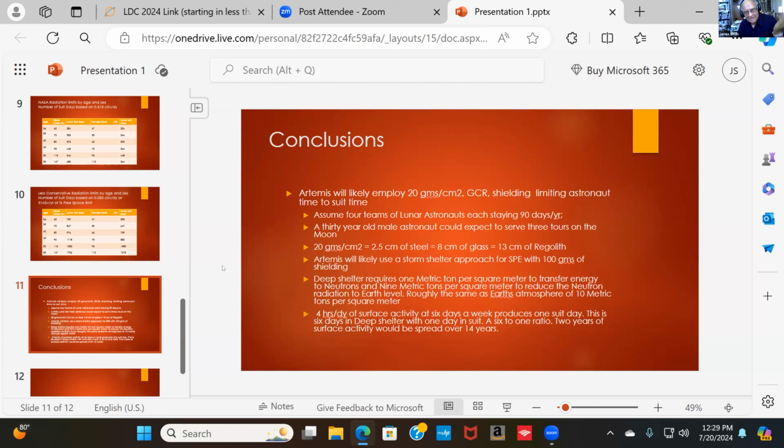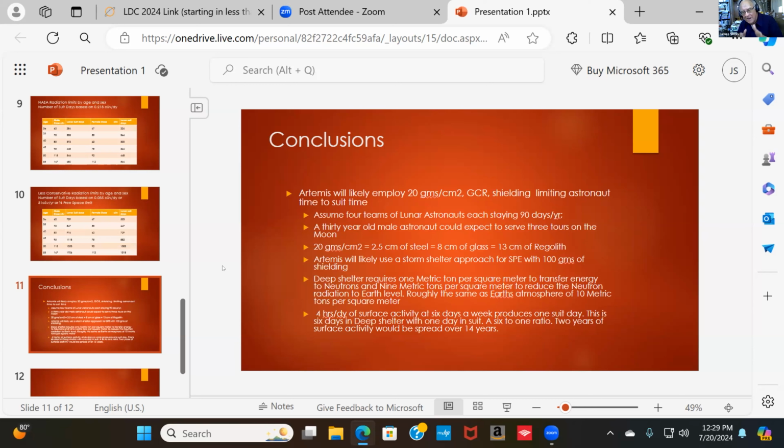Now, I showed the amount of time that we could expect suit time with a deeply buried shelter. The individuals would be exposed to galactic cosmic rays only when they go out on the surface, and the probable mission time for surface work would be 4 hours on the surface.